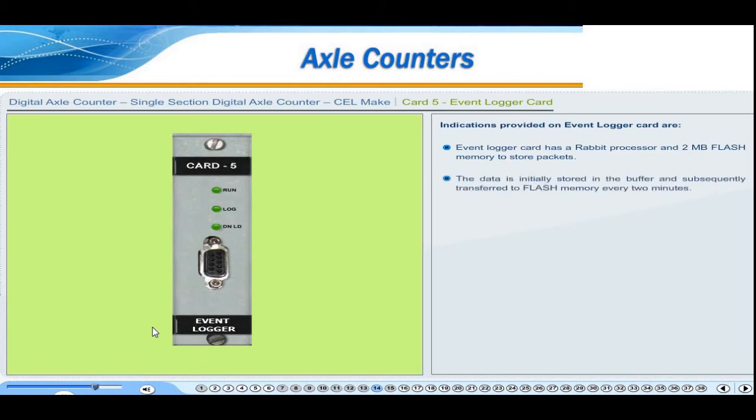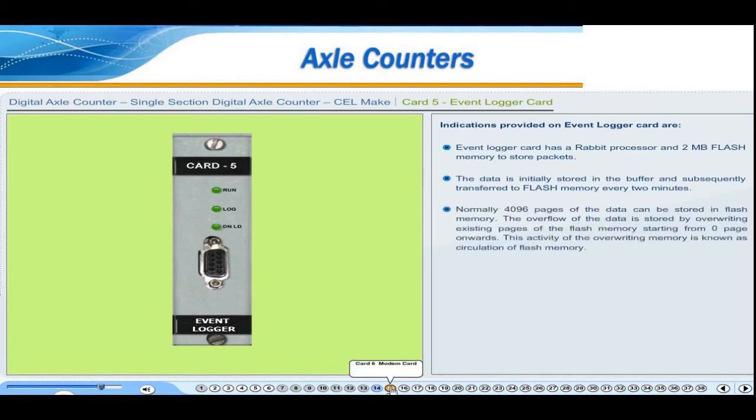The data is initially stored in the buffer and subsequently transferred to flash memory every 2 minutes. Normally, 4096 pages of data can be stored in flash memory. The overflow of data is stored by overwriting existing pages of the flash memory starting from page 0 onwards. This activity of overwriting memory is known as circulation of flash memory.